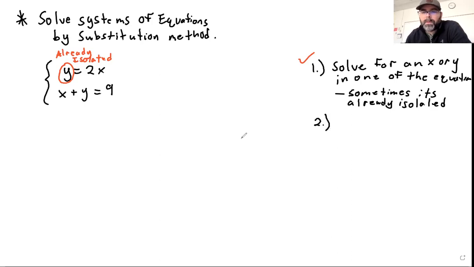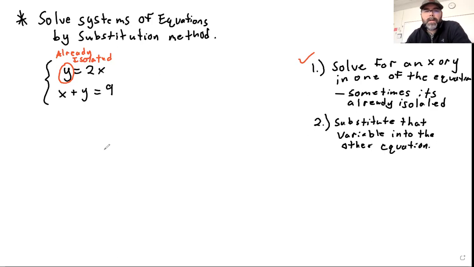After one of the variables is isolated, you are going to substitute that variable into the other equation. All right, so what does that look like?